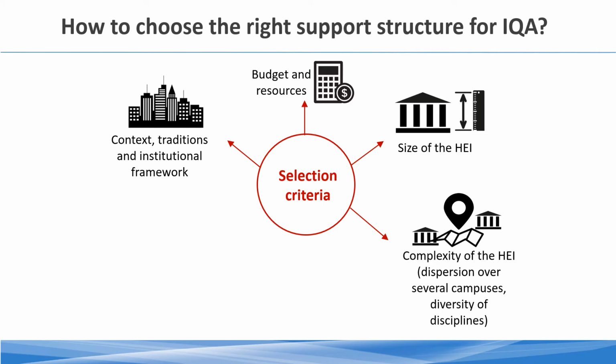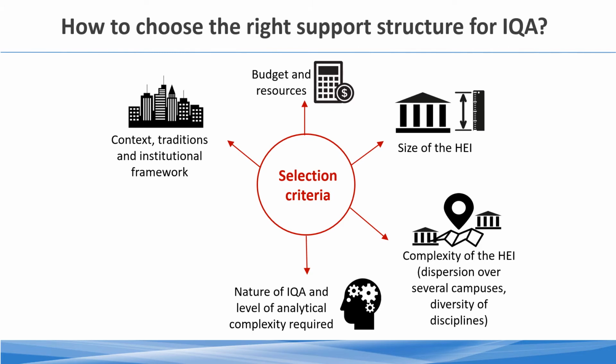For instance, if the university is spread over several campuses, if the disciplines taught are diverse, and so on. You should also look at the nature of IQA and the level of analytical complexity it requires, as well as external rules and requirements, such as EQA.